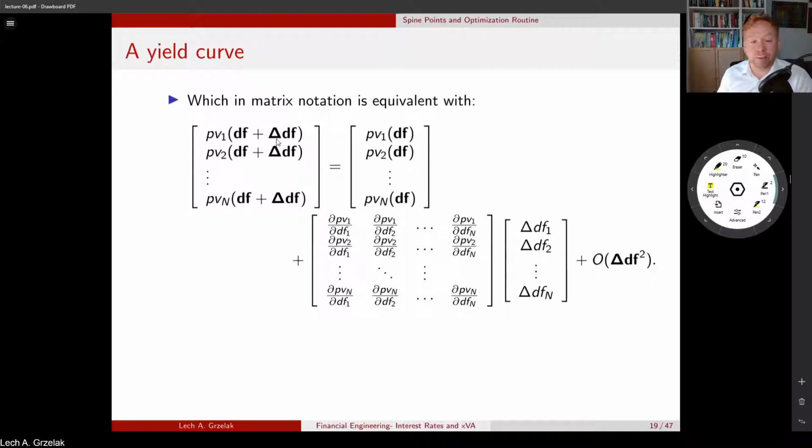So this is the delta df here, and the same vector will be used for each of those individual rows. Essentially, each of these rows has to be multiplied with this column. So we have a summation of the row of the Jacobian matrix with the column of delta df_i's. That's it.